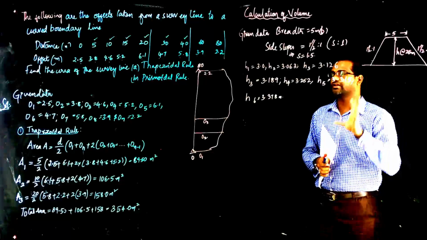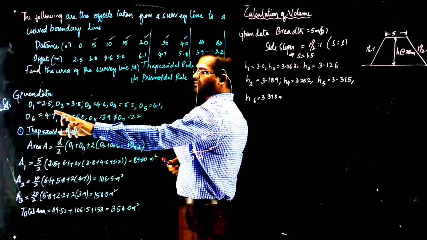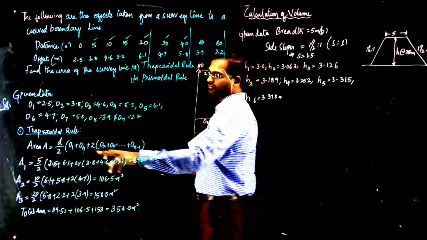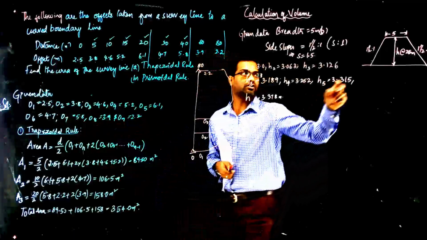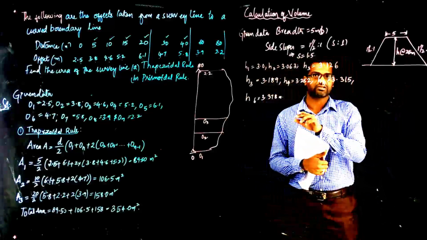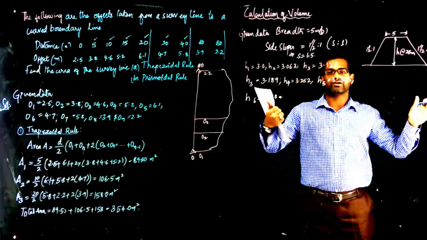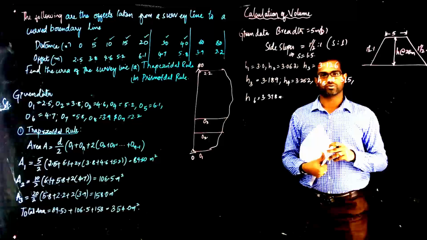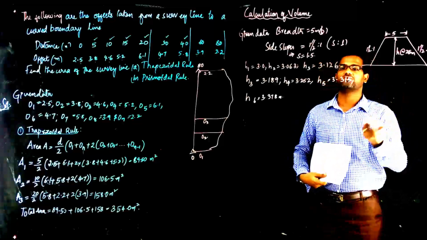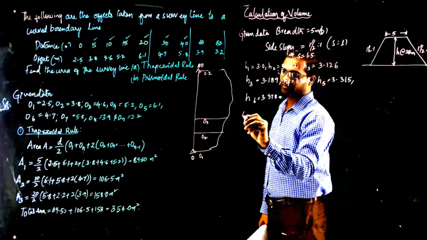Now you need to calculate the area. Instead of ordinates here, areas will come, and instead of d, the interval of 25 meters will come, because the area at 0 is this much, at 25 is this much, at 50 is this much. If you multiply the area with the length, you will get the volume: square meters multiplied by meters. So we will calculate the area.